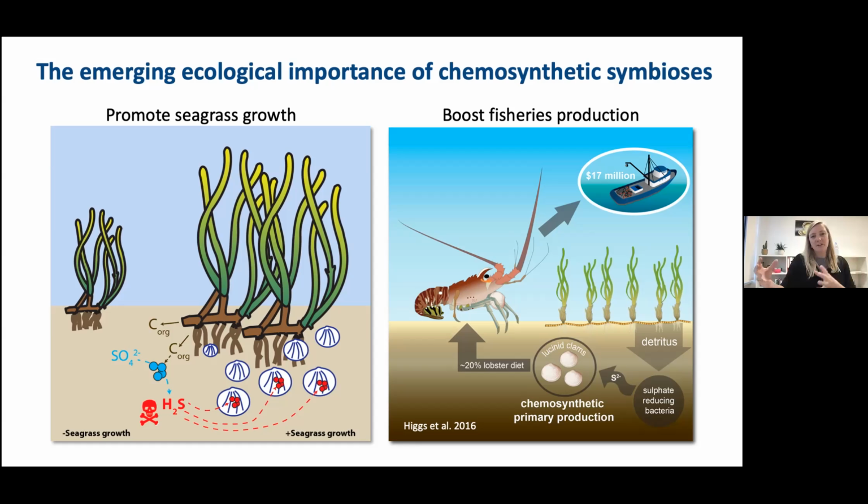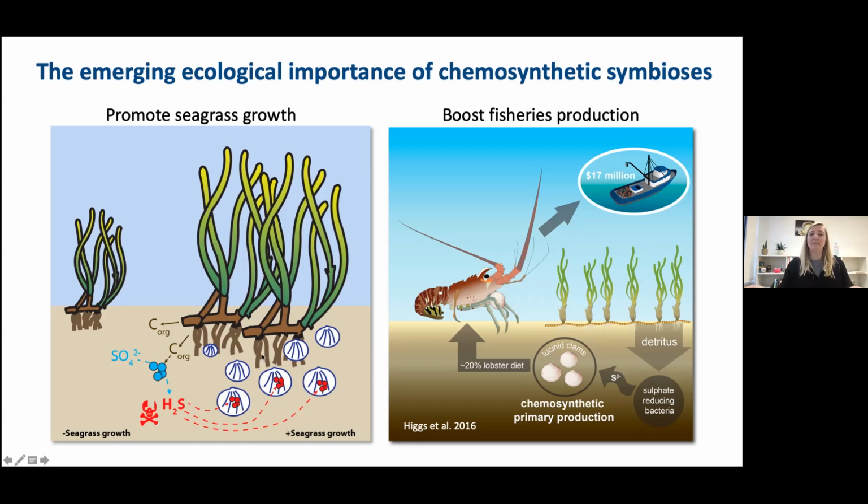So you can keep seagrasses in mesocosms in the lab with or without these bivalves. And the seagrasses tend to grow better when they're cultivated together with the bivalves. So there may also be some mutualism, a three-way mutualism between seagrasses, the bivalves, and the symbiotic bacteria of the bivalves.